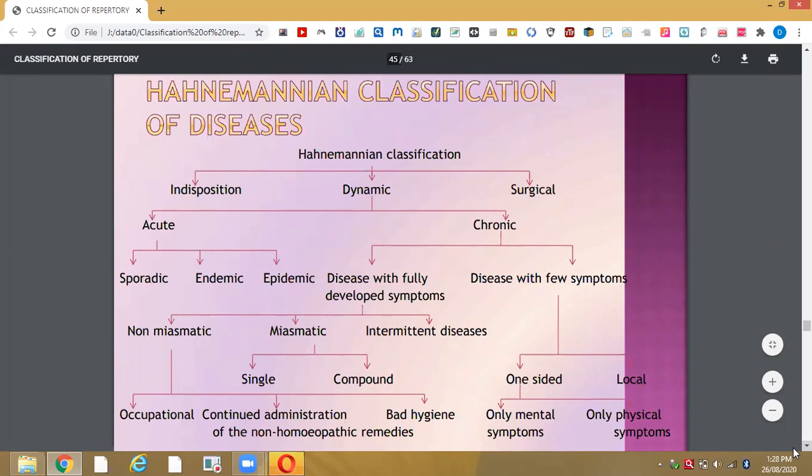About all these types, that is indisposition, dynamic, surgical, what is sporadic, endemic, epidemic, what is non-miasmatic, miasmatic, we will discuss in detail in case taking. Now we discuss this classification in short. If it is a chronic disease, then diseases with fully developed symptoms and diseases with few symptoms.